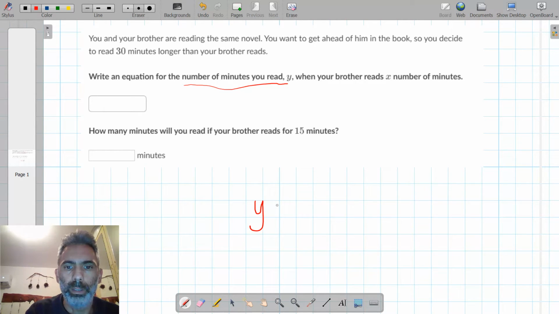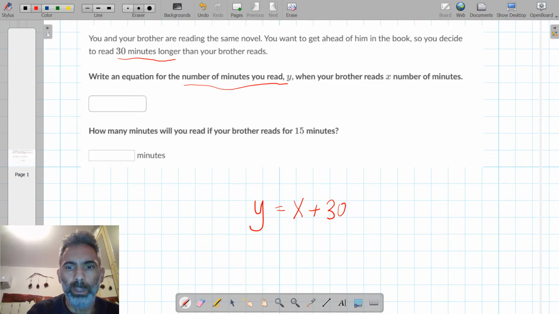So y equals the number of minutes your brother reads, which is X, plus the 30 minutes longer that you have decided that you want to read. So X plus 30 gives us Y, the number of minutes you read.